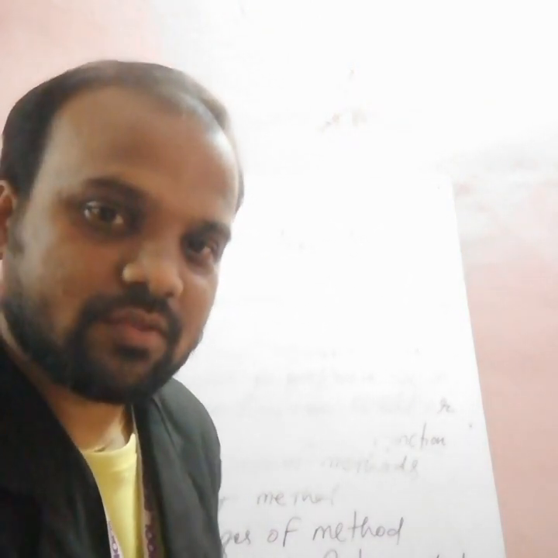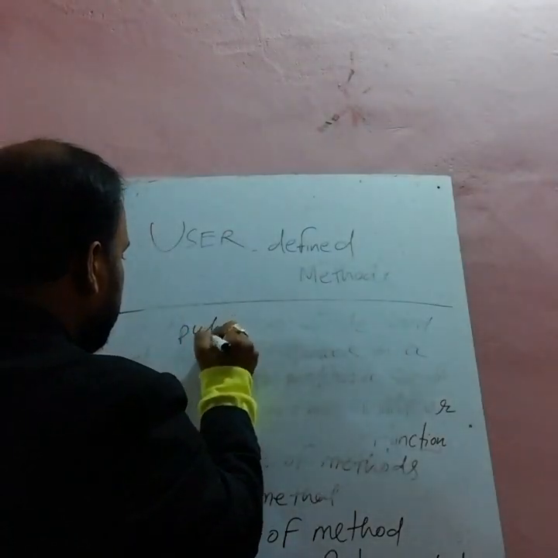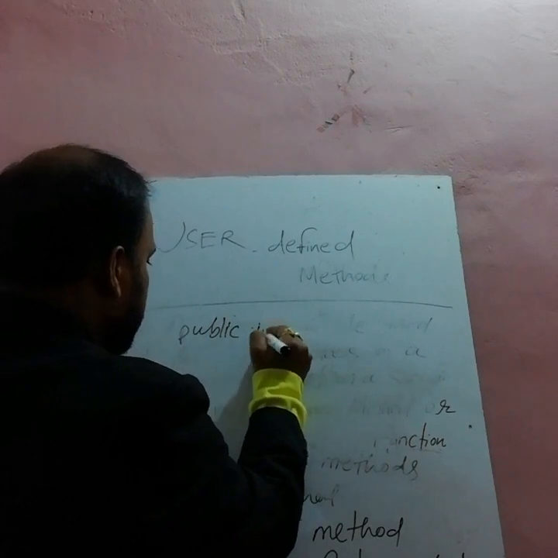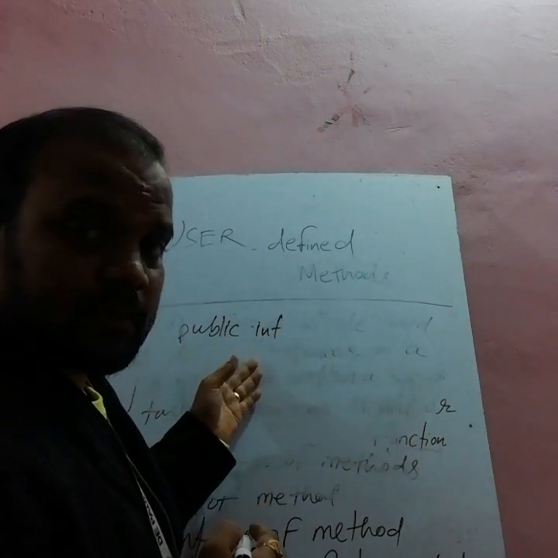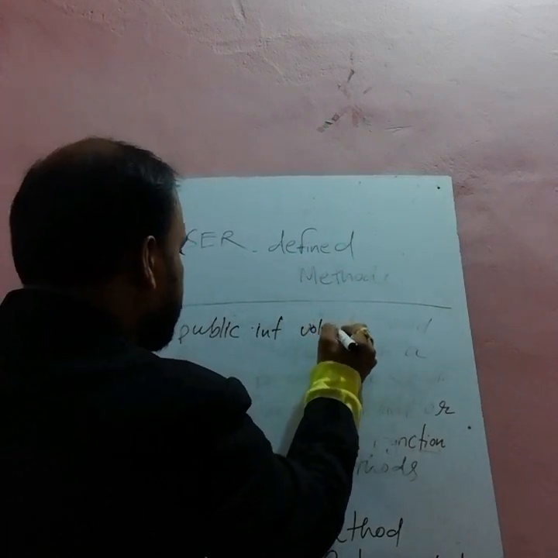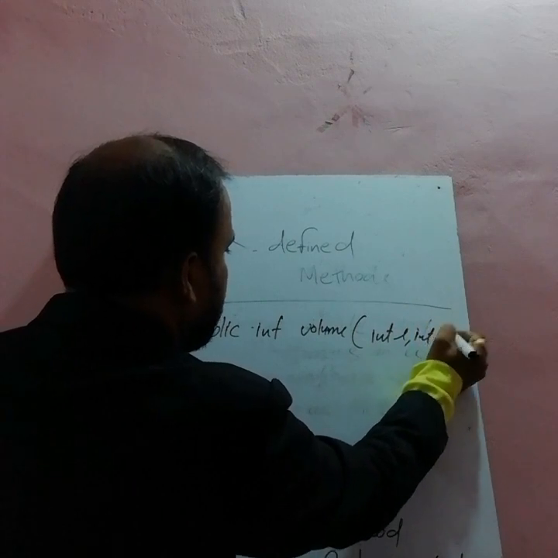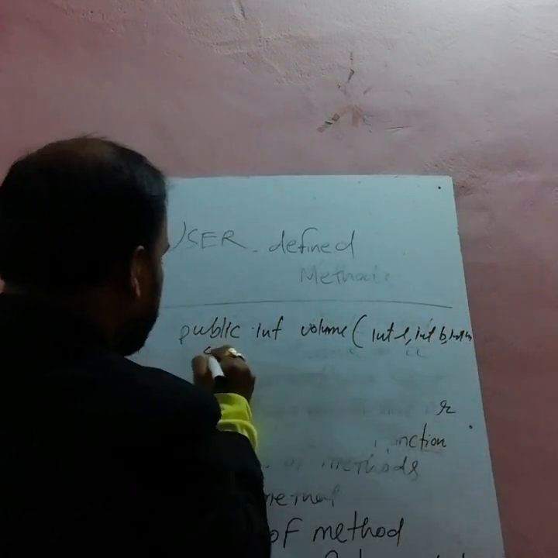The function name is volume. So you can take the method prototype: int volume(int L, int B, int H).